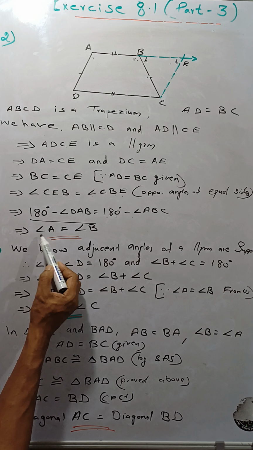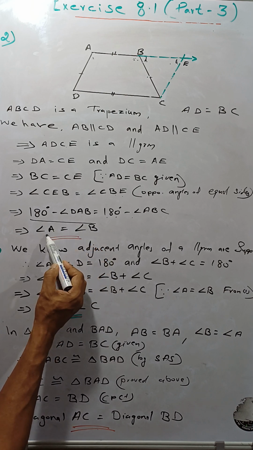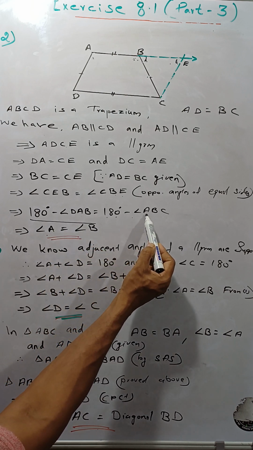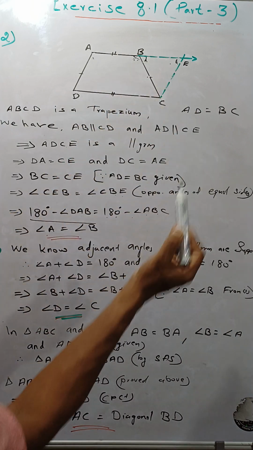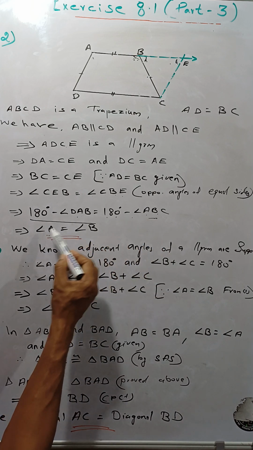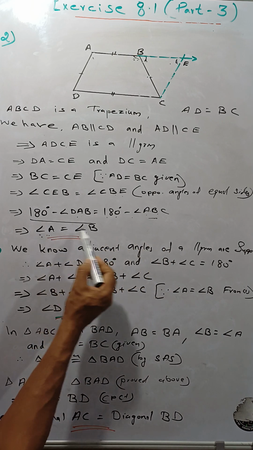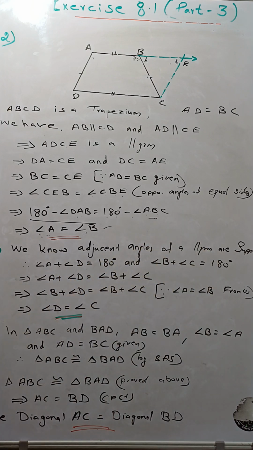So we can write angle DAB, angle A, is equal to angle ABC. This is A, this is B. These two angles are equal. Angle A is equal to angle B. The first part we have proved.